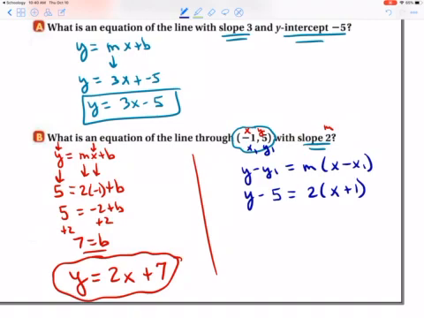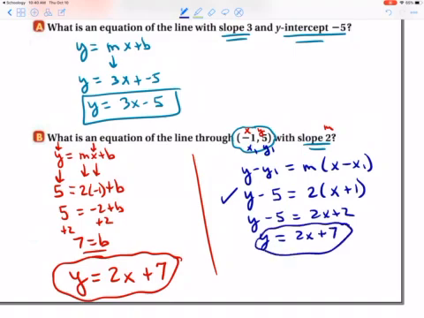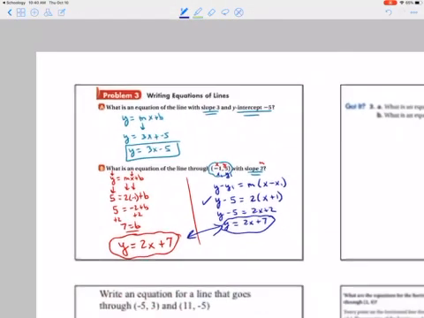And that's another equation. This equation's in point slope form. I could distribute the 2 in, and then add 5, and see that I get the exact same there. So you could use point slope form, you could use slope-intercept form. It won't make a difference.